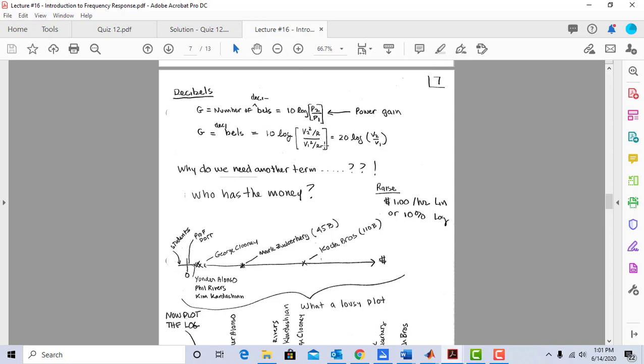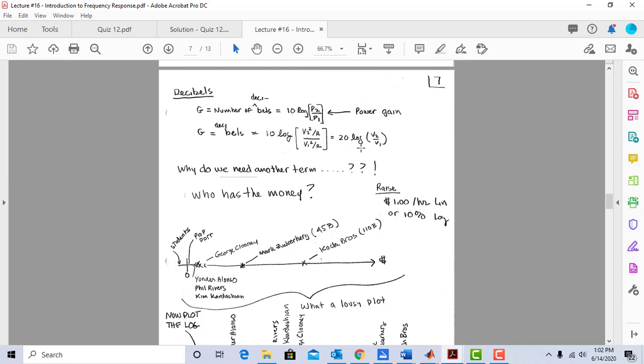But if the resistance is the same on both sides of our network, or in other words, R is the same, I can say the same thing by saying the gain in decibels is 10 times the log of V2 squared over R, divided by V1 squared over R, and the R's cancel.